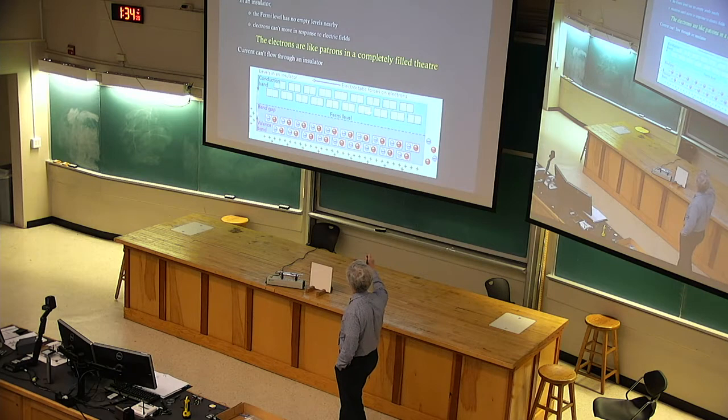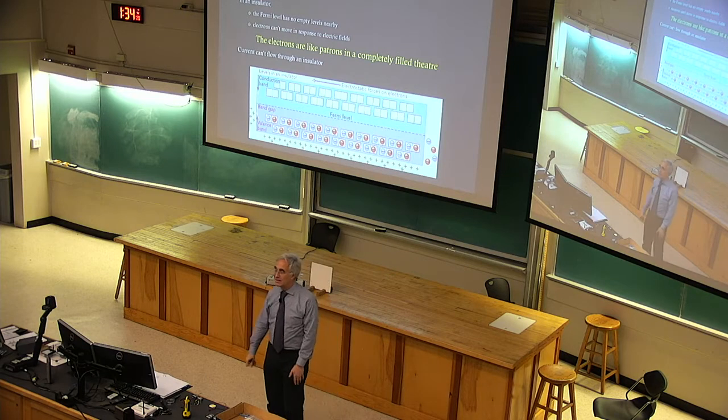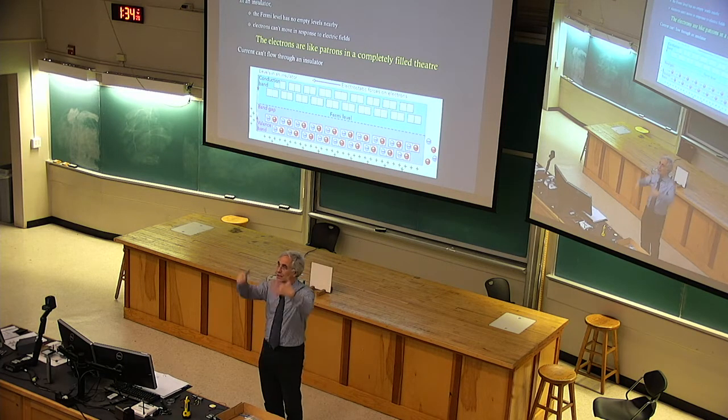There are no electrons in these standing waves of the conduction band, and the Fermi level is in between. And the fact that it's in between, with a huge energy desert above it and below it, means that this isn't going to conduct any electricity. All right? Any questions about insulators and metals?